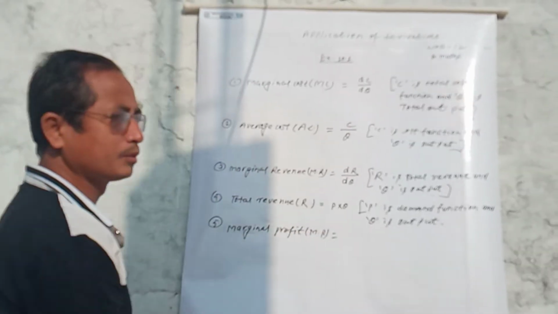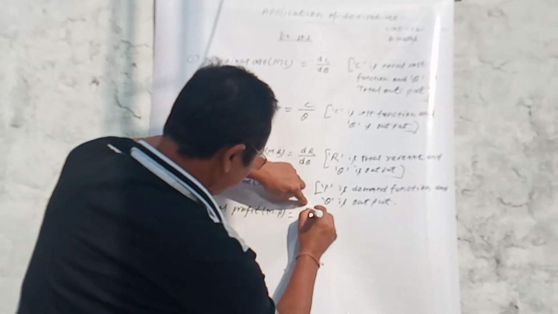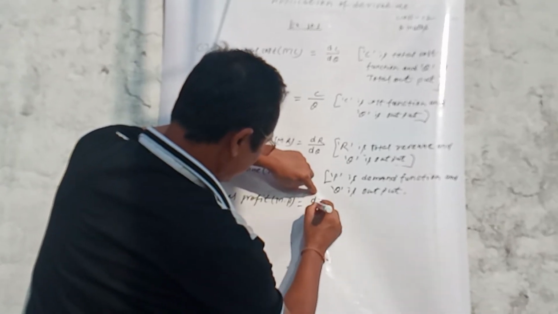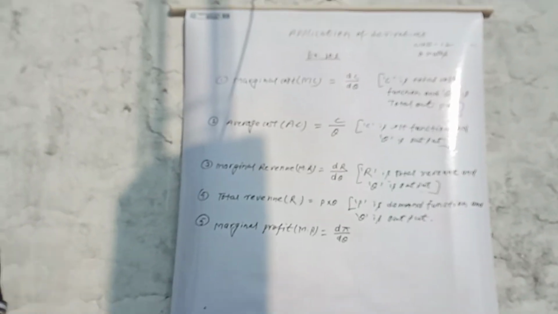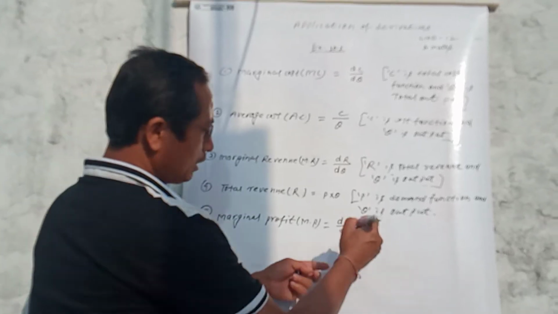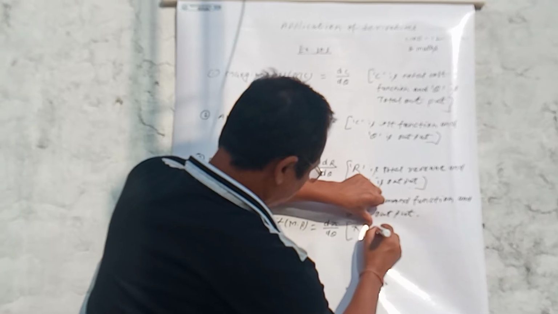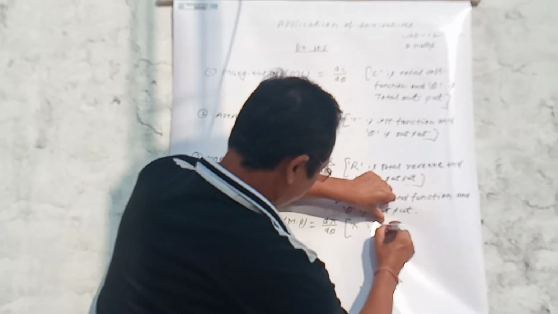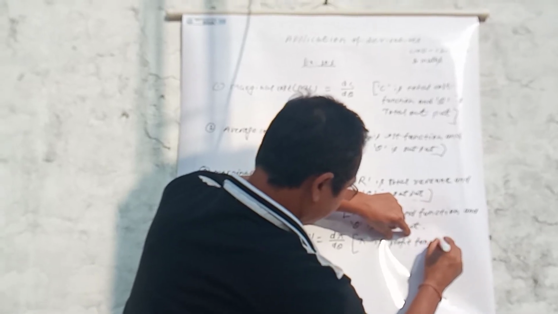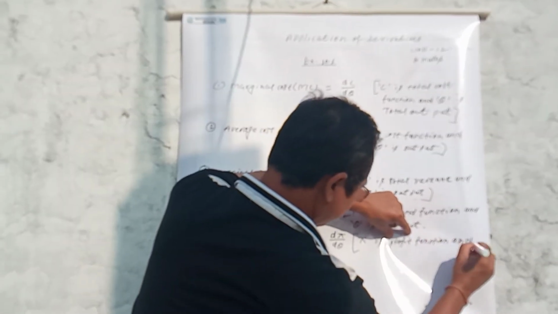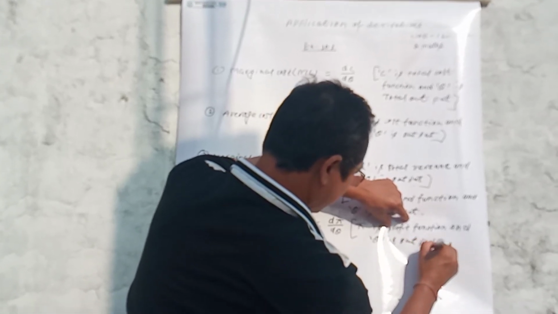Its formula is the derivative of profit with respect to Q, derivative of pi with respect to Q, where pi is the profit function and Q is output.